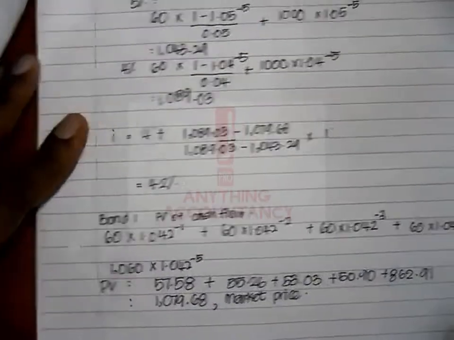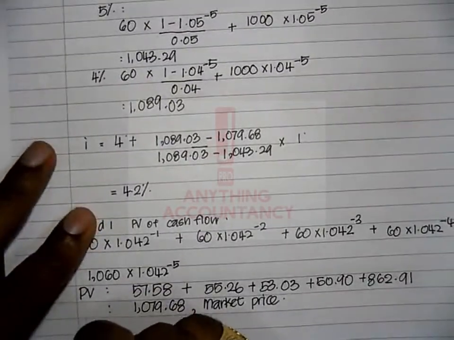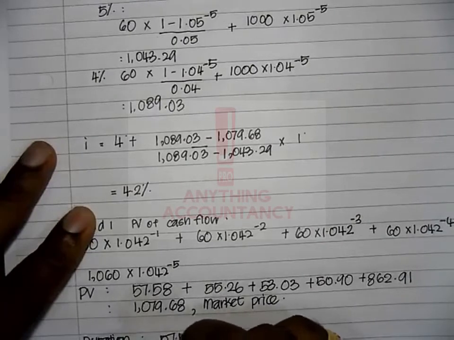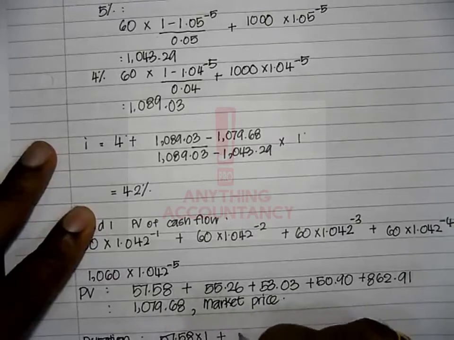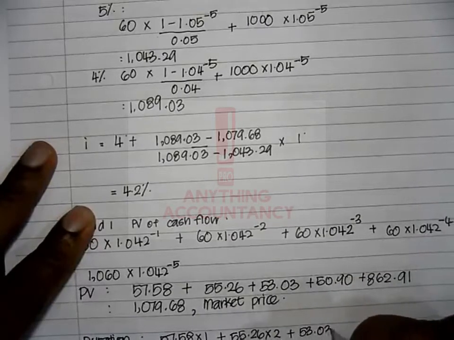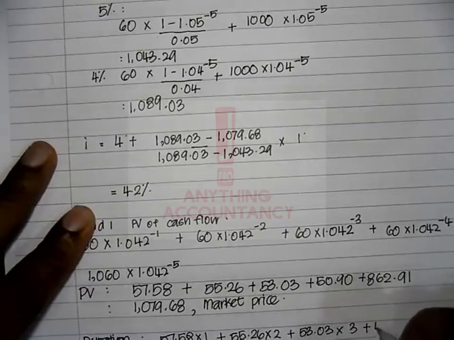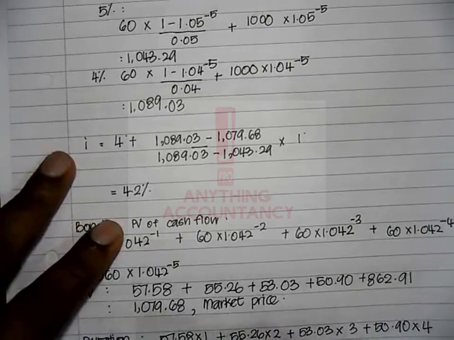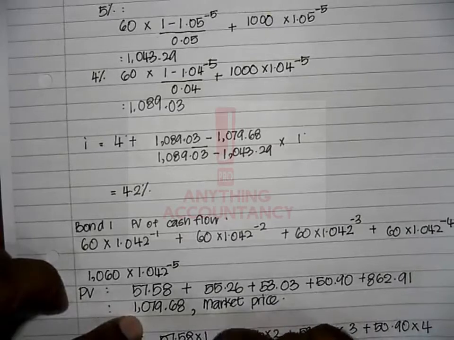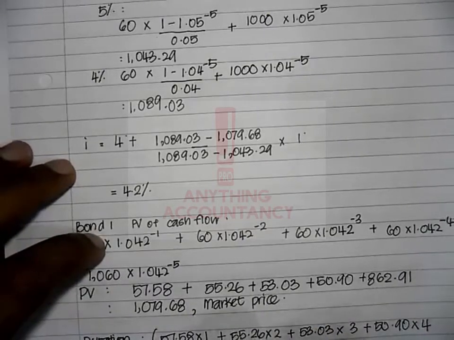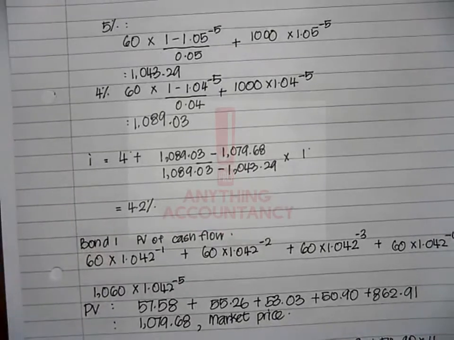So now you can kind of calculate the duration. It's going to be 57.58 times 1, plus 55.26 times 2, plus 3, plus 4... Let me get this.